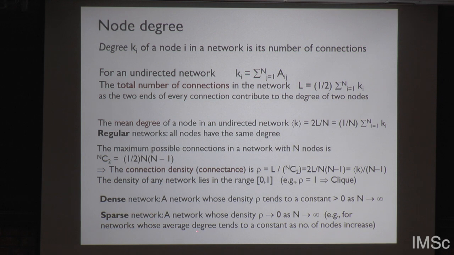On the other hand, it is a sparse network if, as the network becomes larger and larger, the connection density goes to 0. If you look at how rho is connected with k, you would immediately realize that a sparse network would be one where the average degree tends to a constant independent of the size, whereas for a dense network, the average degree would actually increase with system size.